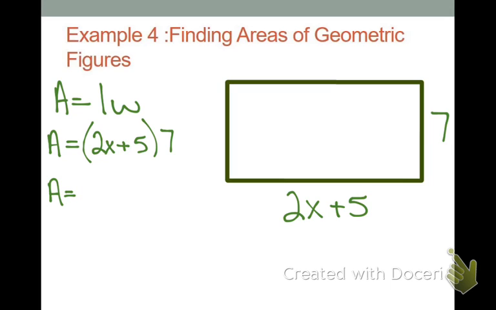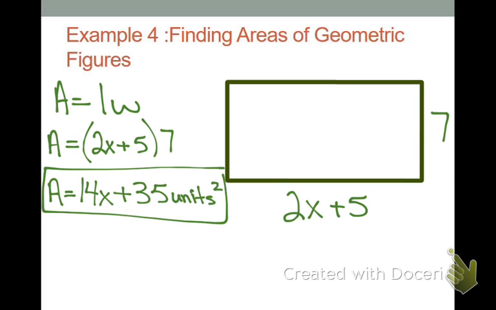Go ahead and distribute the 7. 7 times 2x and 7 times 5. What'd you get? 14x plus 35. Very good. Units squared. Make sure you square your label. Why? Because you found the area. Did you get 14x plus 35? Who got 14x plus 35? Okay, so we're catching on.